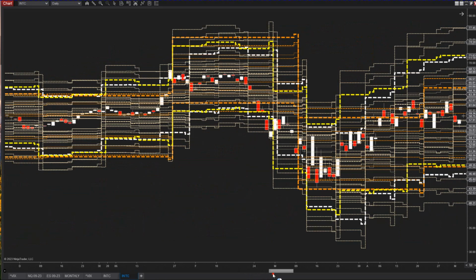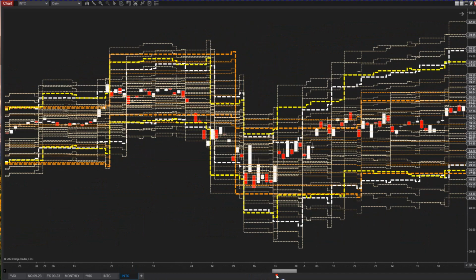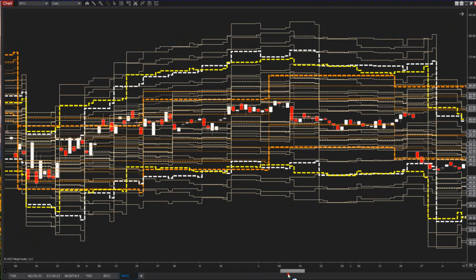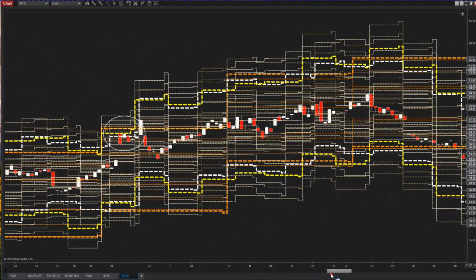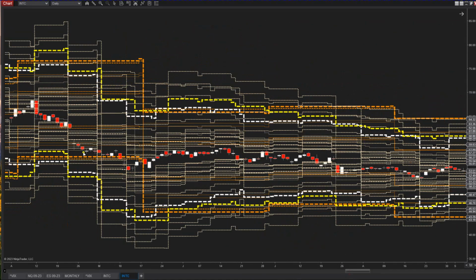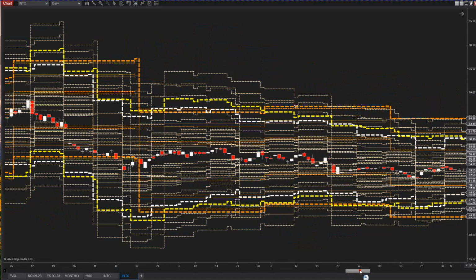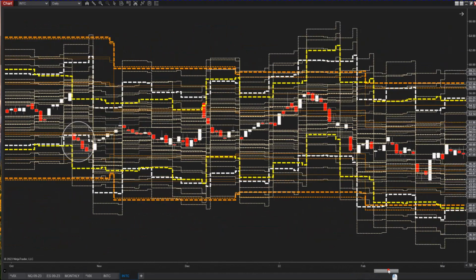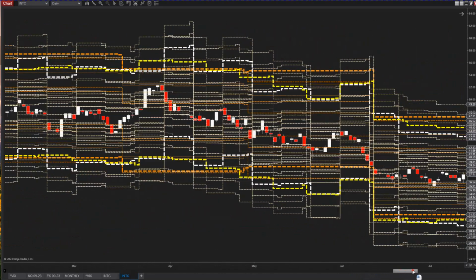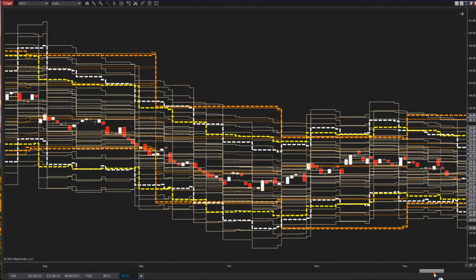So using a sound method for your spreads to keep you safe most of the other time. I mean, you can look and see it's inside all these levels, inside all these months and weeks. Just an incredibly fantastic level to have.